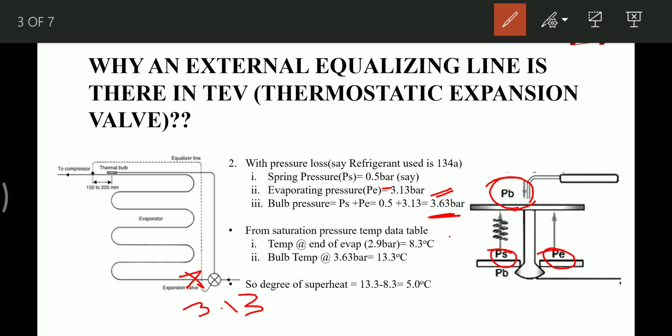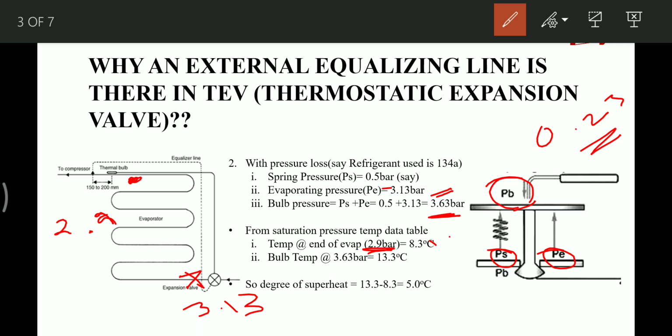So from the saturation pressure chart, the temperature at the end of the evaporator. Suppose we have assumed a pressure loss of around 0.23 bar in the evaporator. So at the end over here, the loss in pressure is 0.23 bar. So the final pressure will be 2.9 bar. Okay, so 2.9 bar will be the line pressure in the evaporator.